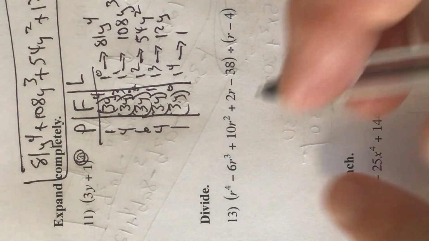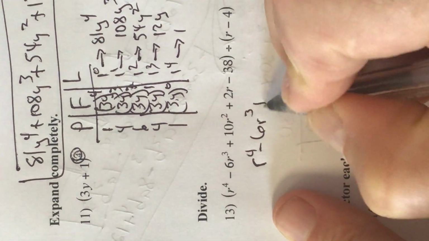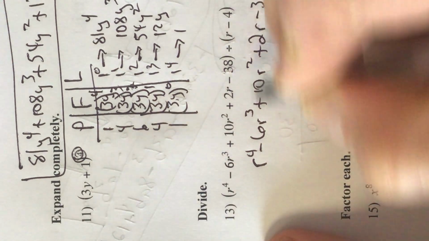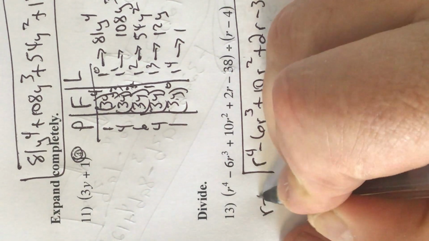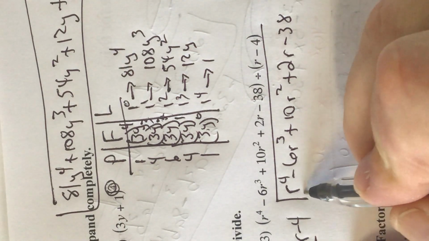All right, divide. r to the 4 minus 6r to the 3 plus 10r to the 2nd plus 2r minus 38, all divided by r minus 4. The idea here is to make the first one the first one.